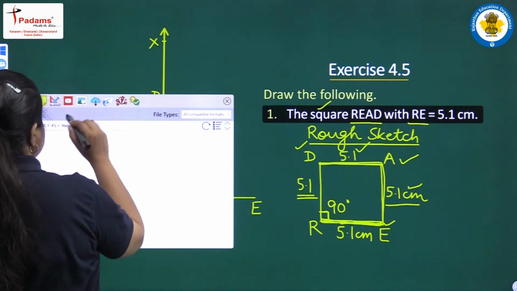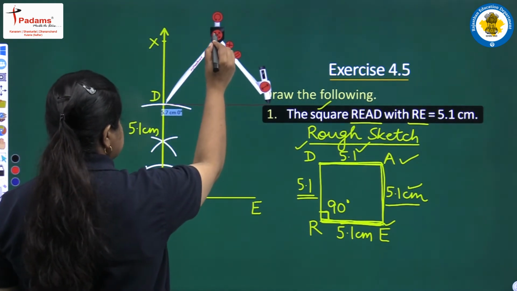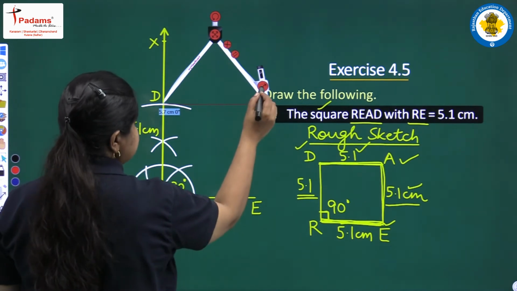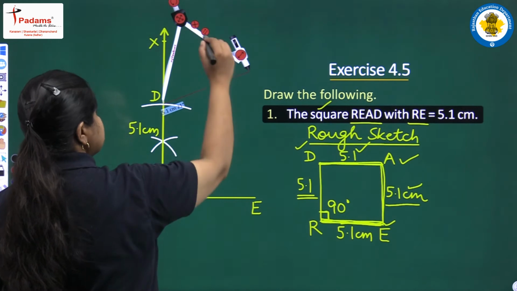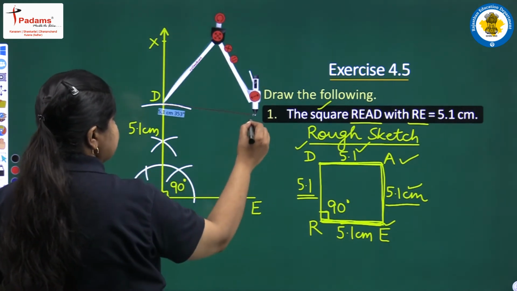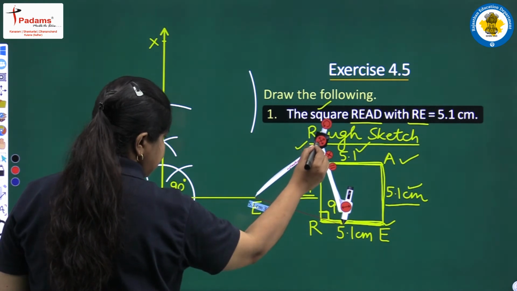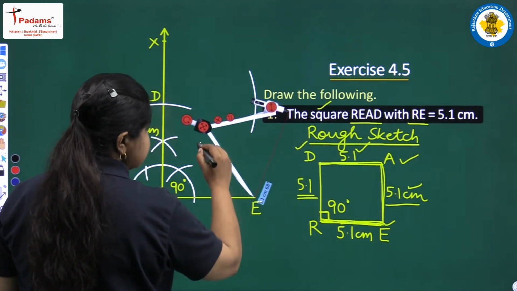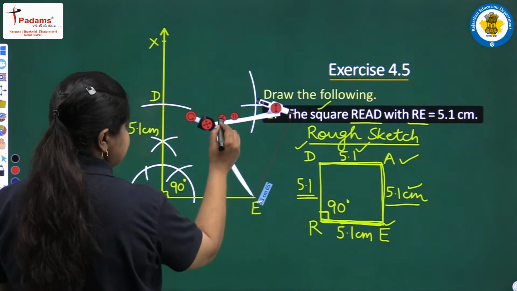For this I need one compass, taking the center at point D, and the radius should be 5.1, and so it is. We will draw one arc in this way. Then keeping the center at point E, and with the same radius we will draw one arc in this way.